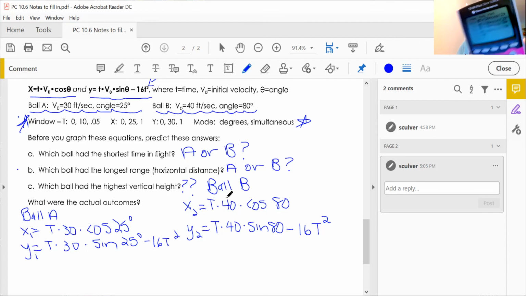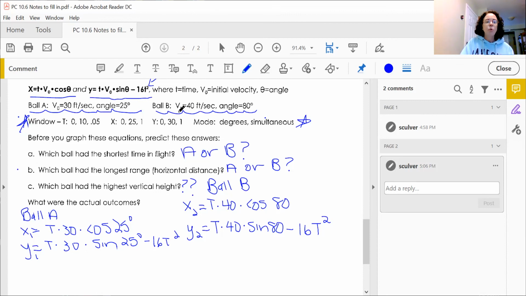I'm going to set my window now, just like you see with stars, right? That I had between the stars here. So go to your window and you just go straight down. Your time minimum is 0. Time max, 10. Your step is 0.05. I'm now down to X minimum. X minimum would be 0.